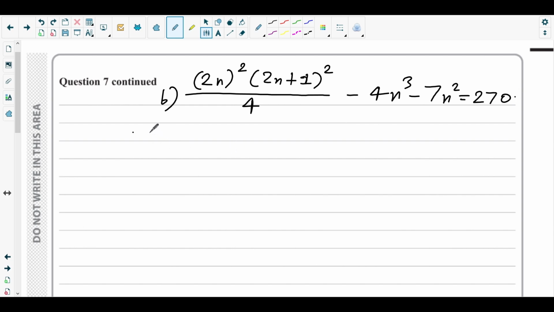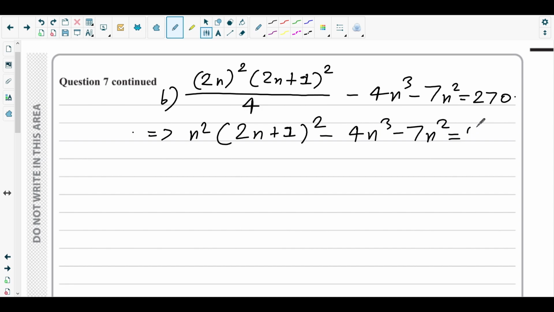Now multiply both sides by 4. Actually, before multiplying by 4, this 4 will get cancelled, because 2n whole squared is basically 4n squared, so that 4 and the 4 in the denominator cancel out. So you will get n squared times 2n plus 1 whole squared, minus 4n cubed, minus 7n squared, equals 270.